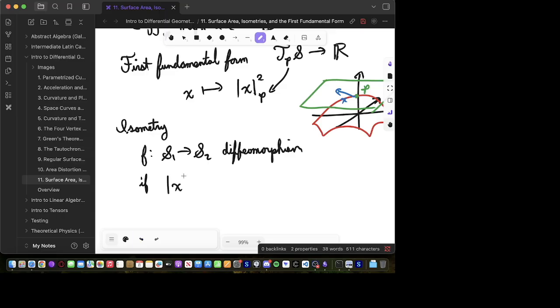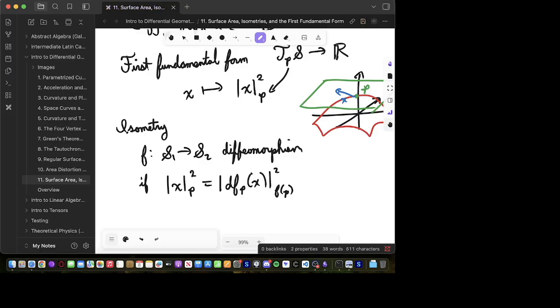So that means the squared norm of x at the point P is equal to the squared norm of dF_P of x at the point F of P.